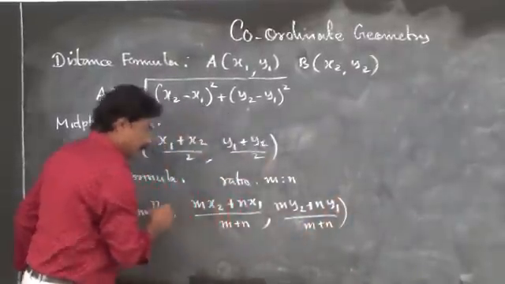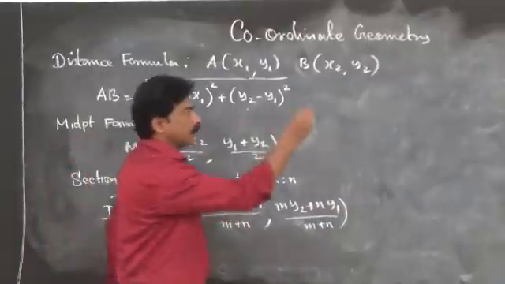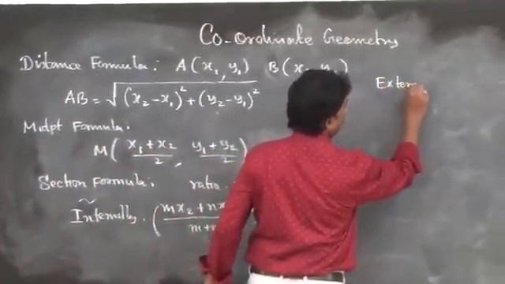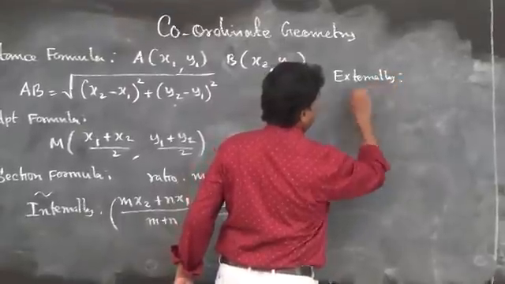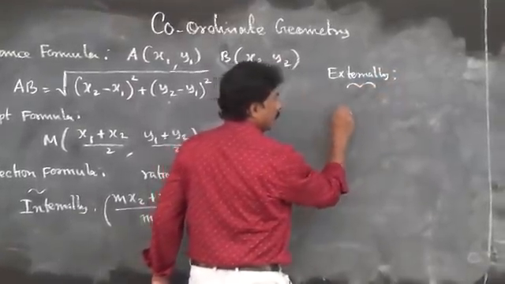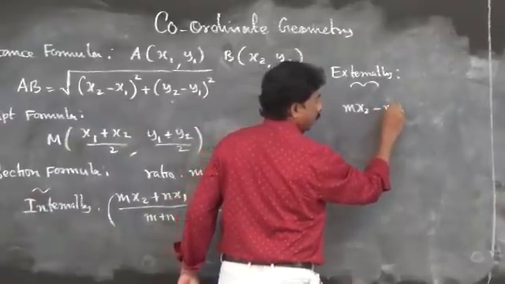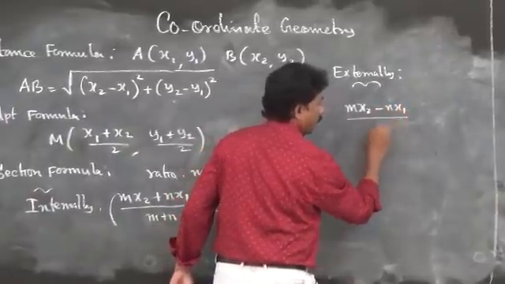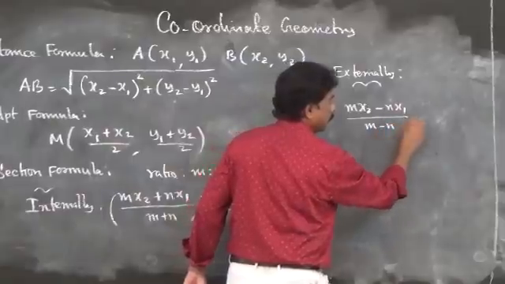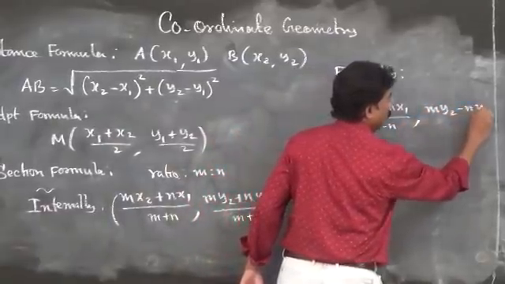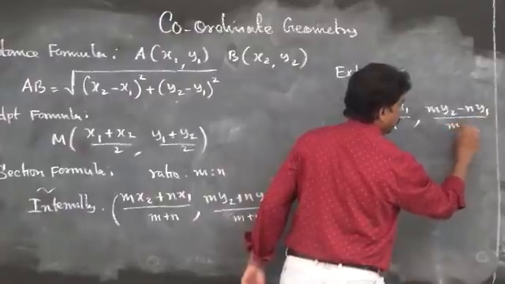This is for internally. Same thing for externally: mx2 minus nx1 by m minus n, comma my2 minus ny1 by m minus n.